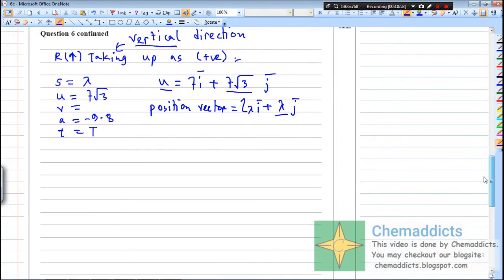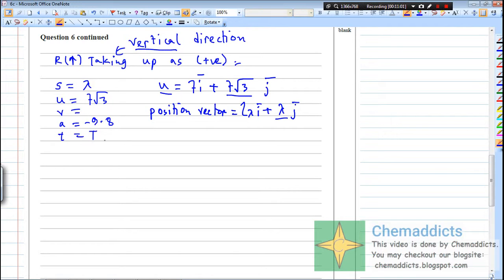Now let us construct an equation relating these. Since the time of flight is common, either vertically or horizontally, let us construct an equation relating displacement, initial velocity and time. This is the ideal equation of motion which relates displacement, initial velocity and time.